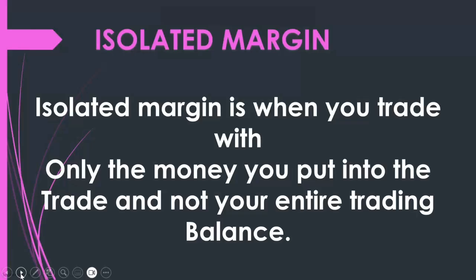It does not eat into the trading balance you have in your wallet, right? So most times I advise that you use isolated margin instead of cross margin. It's very important. At the same time, also make sure that you use your stop loss and take profit. It is very, very important.